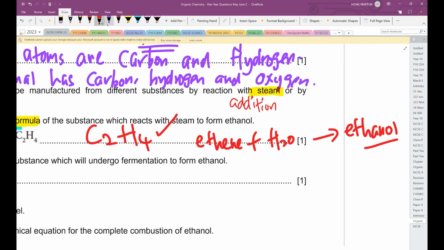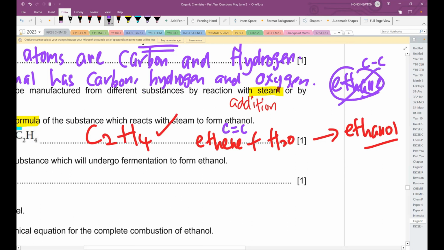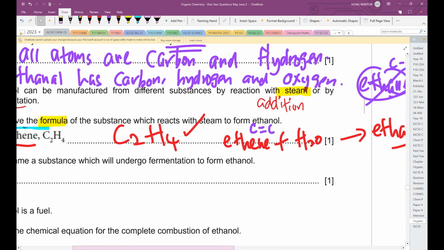Why? Because we know that ethene has a double carbon bond, so it can change. You cannot use ethane. Ethane has a single carbon bond, so it's saturated already. The maximum pairing already. Cannot.